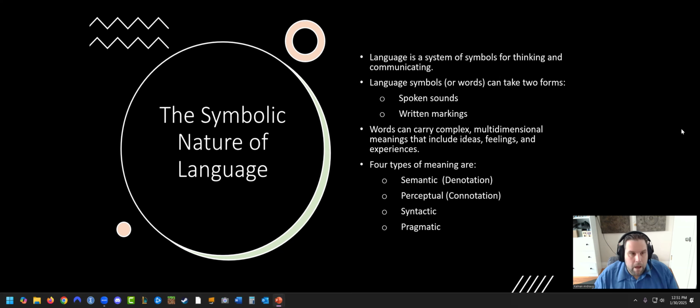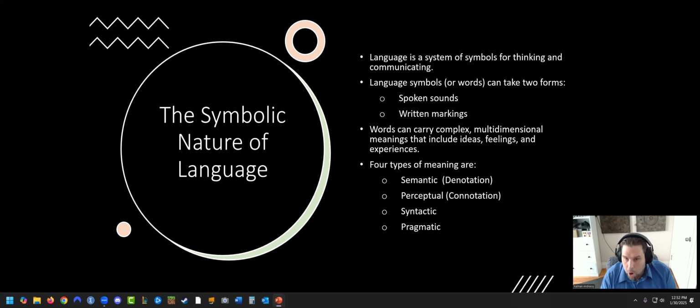Okay. So let's start with looking at the underlying symbology and how symbolic language can ultimately be, right? If you really sit down and think about it, language is a system of symbols for thinking and communicating, as I've already said.